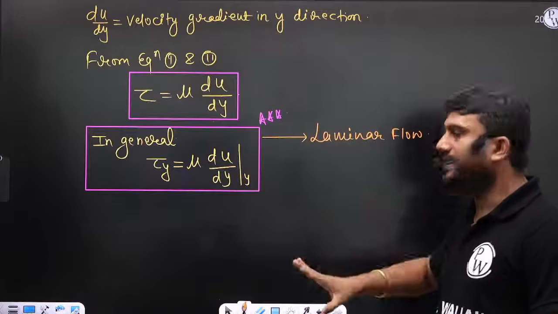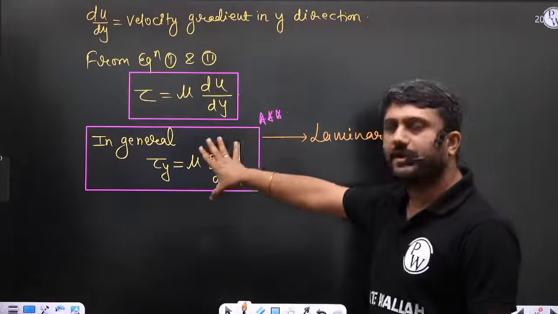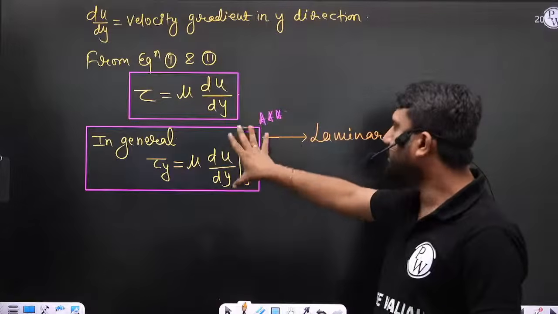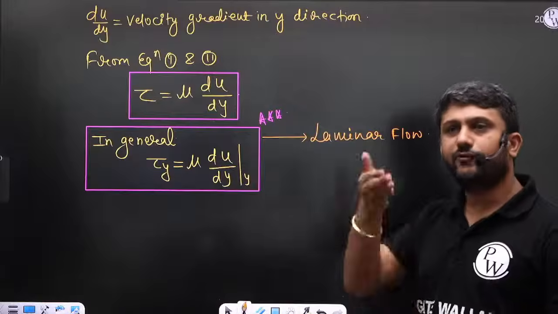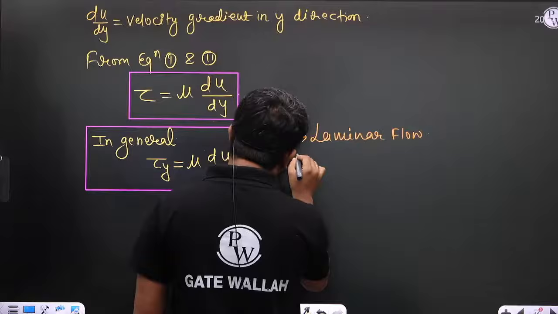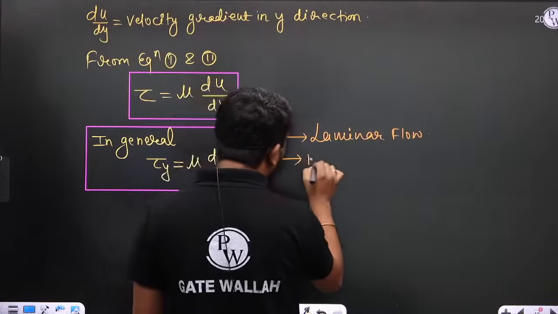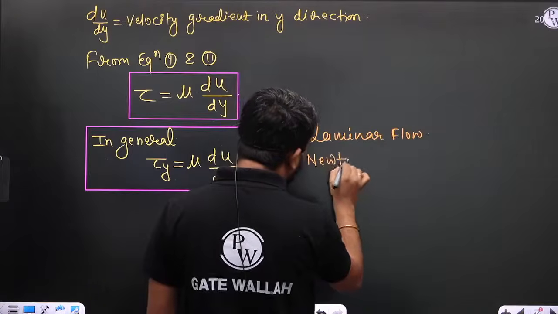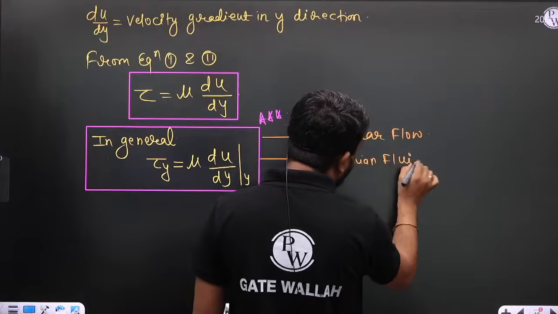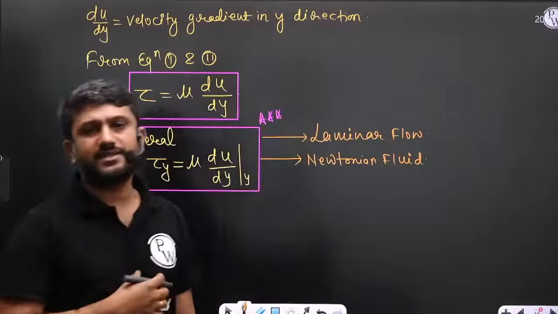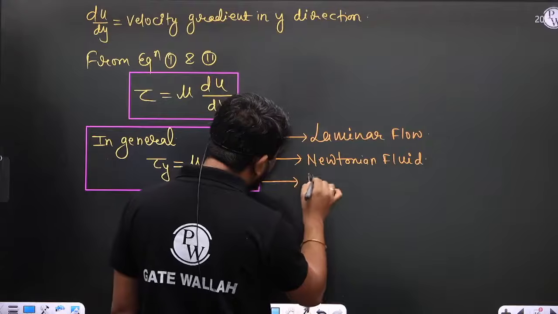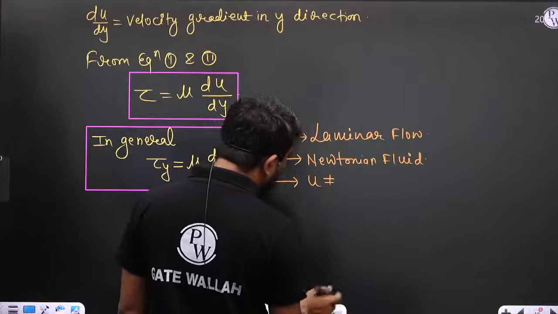If the flow is turbulent, then this formula is not applicable. This formula is applicable only when the fluid flow is laminar. The second important point: the fluid must be a Newtonian fluid. And the third important point: u is a function of y only.